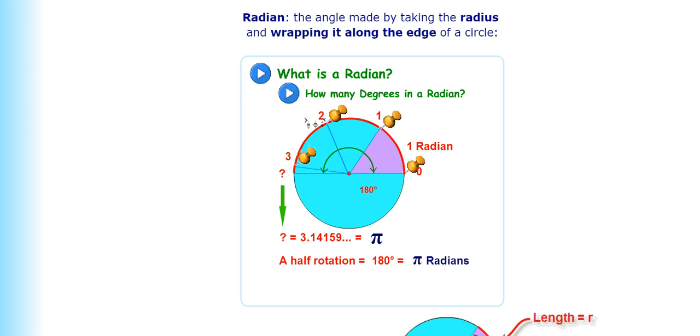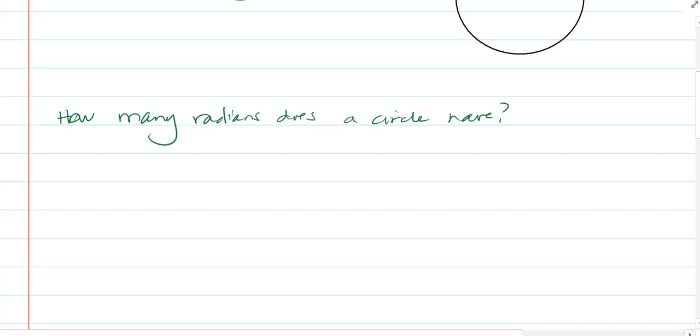Look what it comes to. Pi. Isn't that cool? So that means there are 3 and some change, or pi number of radians in half a circle. Therefore, a full rotation would be 2 pi, which I think is pretty neat.